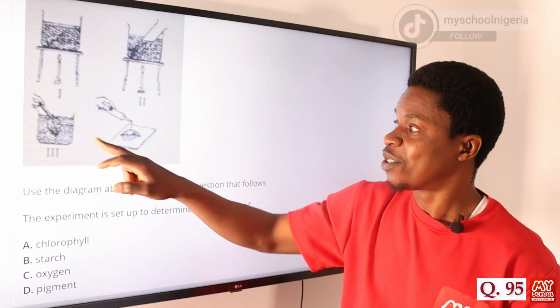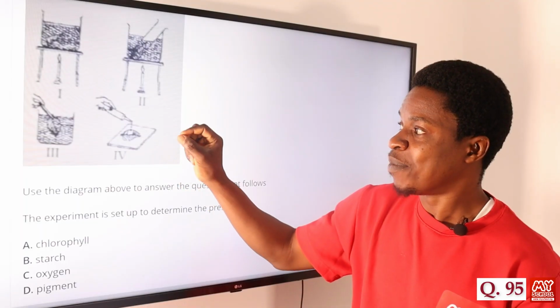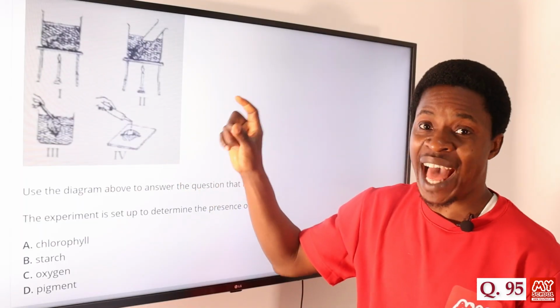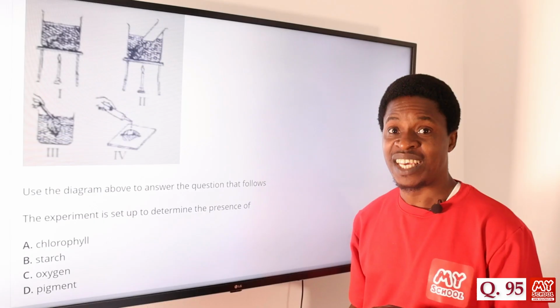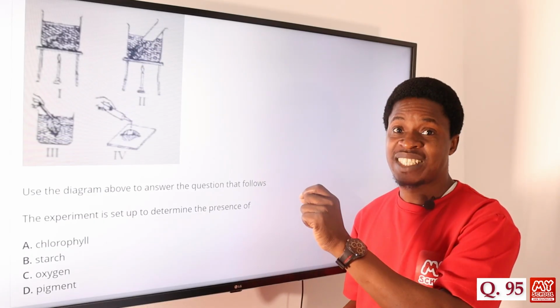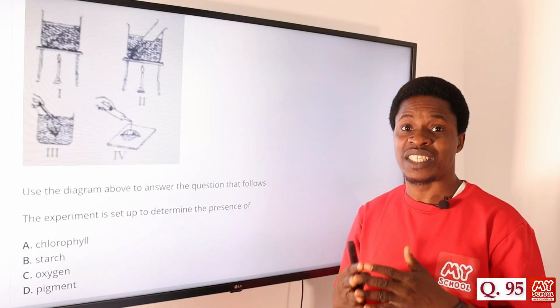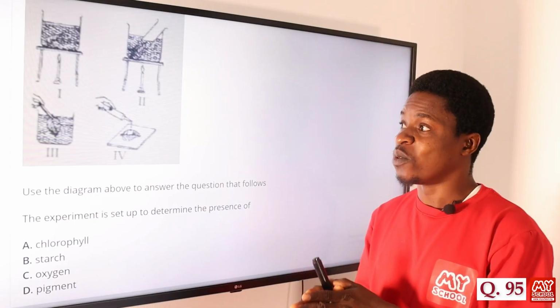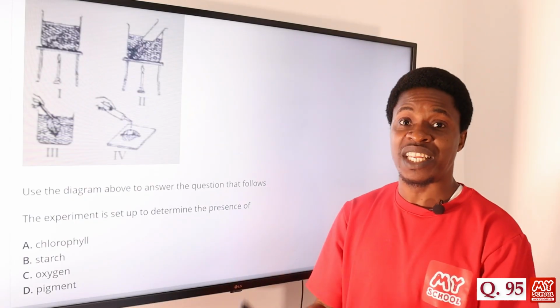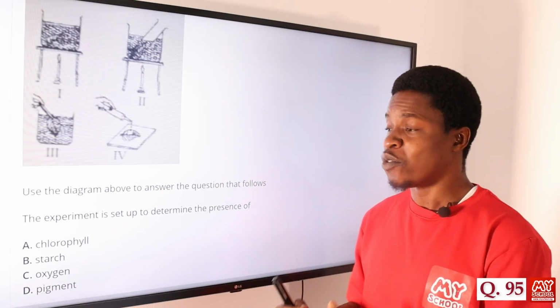When you apply iodine solution on it, what happens is it gives a blue-black coloration, which shows the presence of starch. So in carrying out the test for starch, what we do is we react that parboiled leaf with iodine, and it gives a blue-black or a blue-brown coloration.